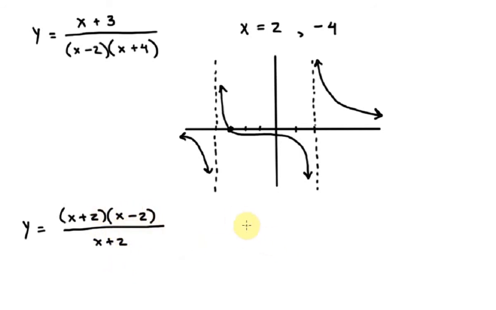You would start off and say, well, there's definitely at negative 2 something happening. Okay, something's going on. I think maybe a vertical asymptote. But it turns out when I graph this one, maybe I can squeeze it in on the side. And again, I cheated and I used a graphing calculator.